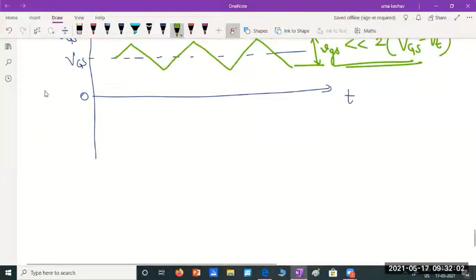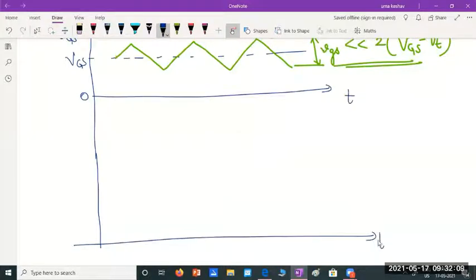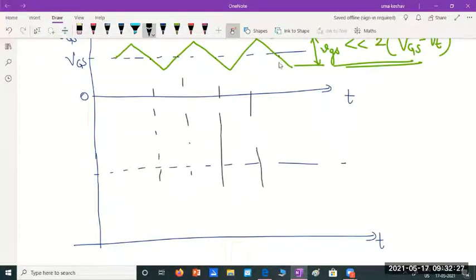Now for this, if I have to plot the output, we will have the output DC value. So the DC is fixed, and corresponding to these points, if you draw the output signal, how would it look?